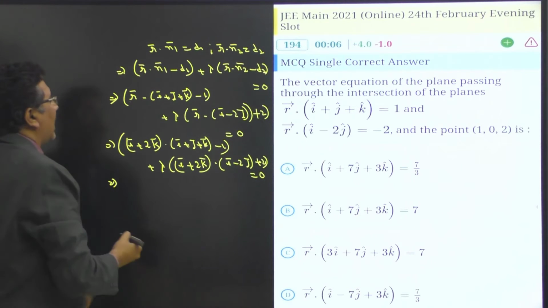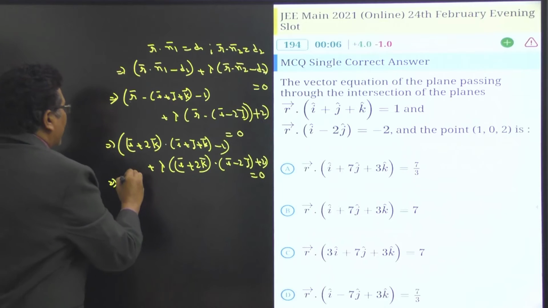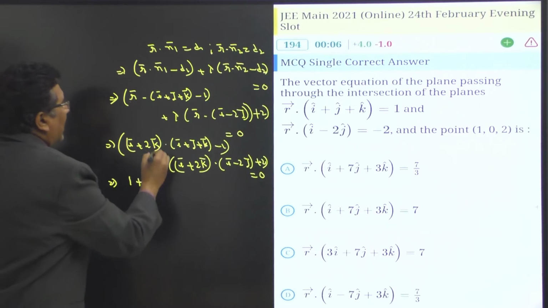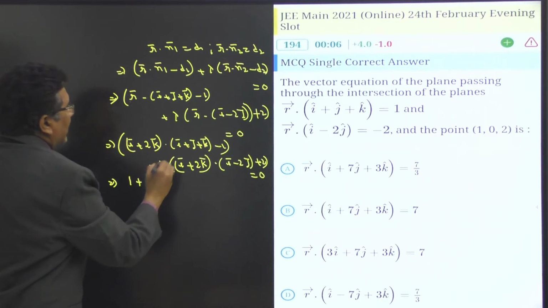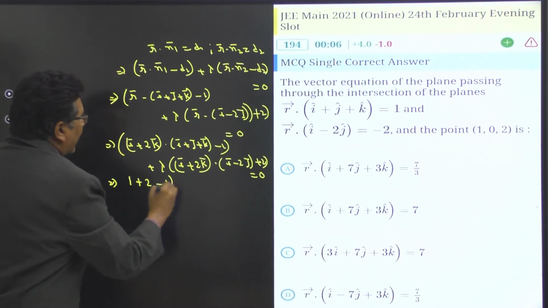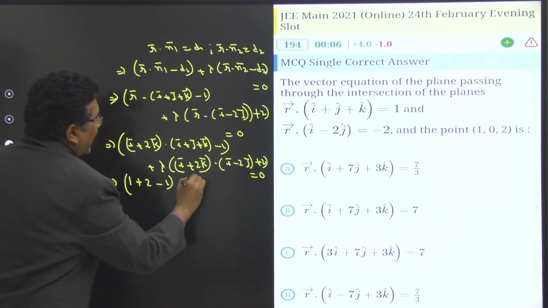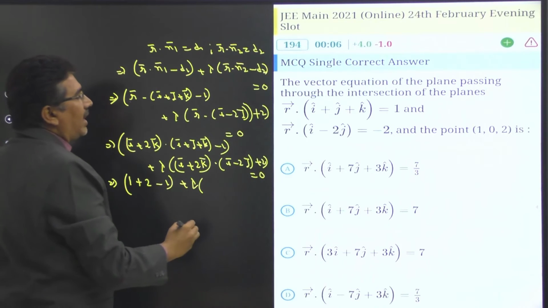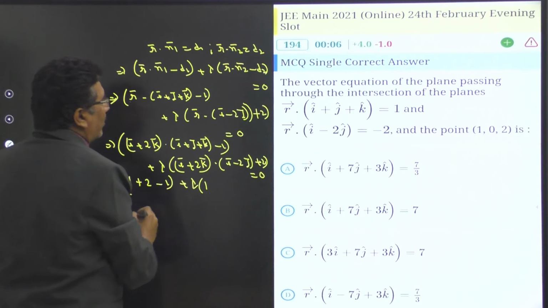That implies I bar dot I bar is equal to 1, 2 into 1, 2. So 1 plus 2 minus 1 plus lambda into I bar dot I bar is equal to 1.